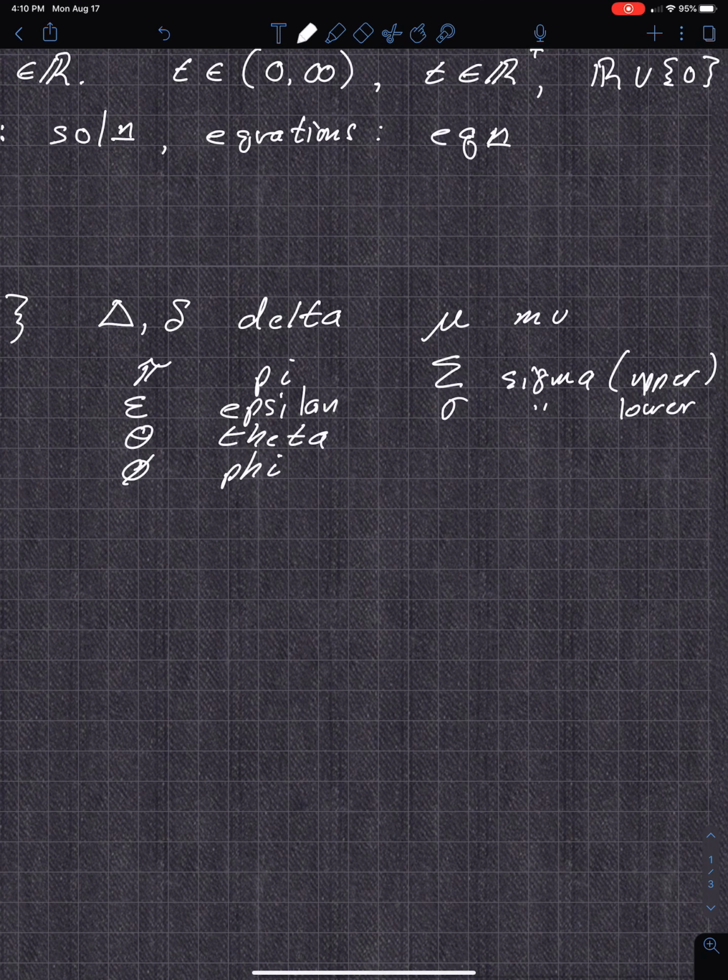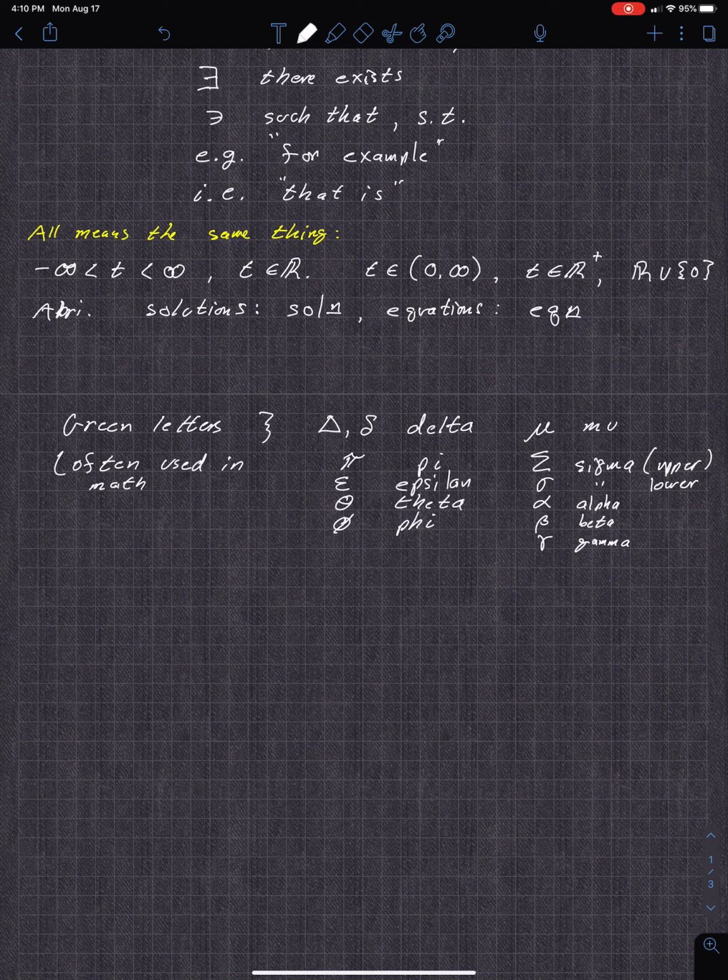And then you have alpha, beta, gamma. That's alpha, beta, and gamma, the first 3 letters of the Greek alphabet, actually. There's probably more, but those are the ones we use quite a bit.